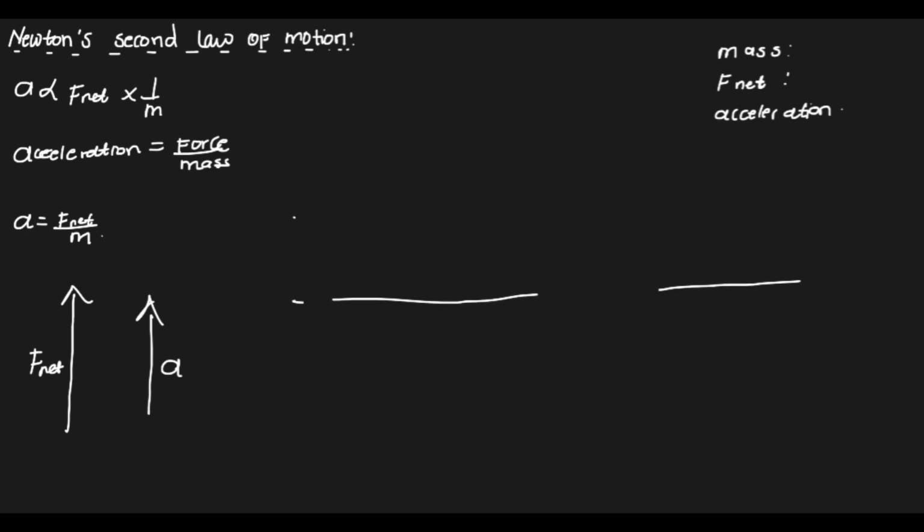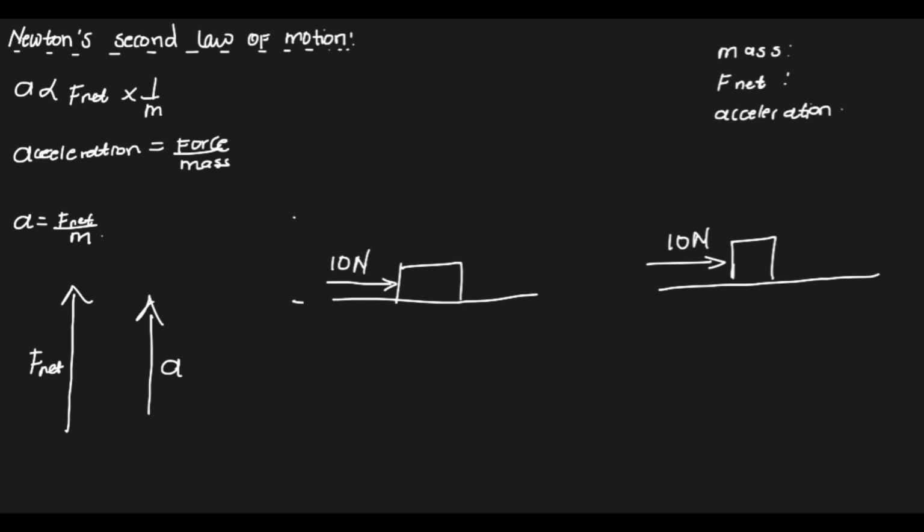Now this time we are just going to have two boxes having different masses, but we are going to assume we maintain the same force. So here let's say we apply the force of 10 newtons, then to another object here we also apply the force of 10 newtons. So we are making sure that the force remains the same, but we differentiate in terms of the mass.